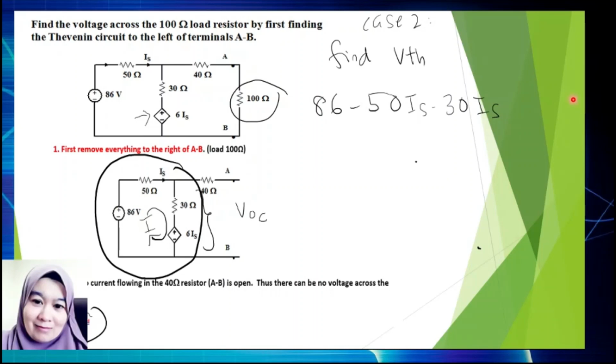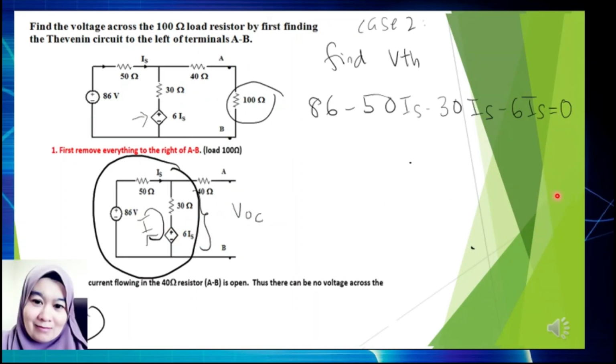So here is 6IS, a voltage dependent on current. This is voltage, so it depends on current. Okay, IS you will get 1 ampere.